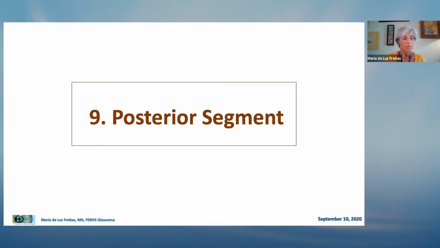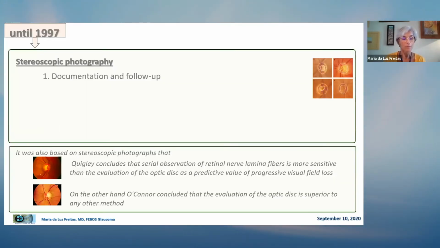In relation to the posterior segment of the eye, the appearance of stereoscopic photography and subsequent study conditioned the technological development that has reached our days.